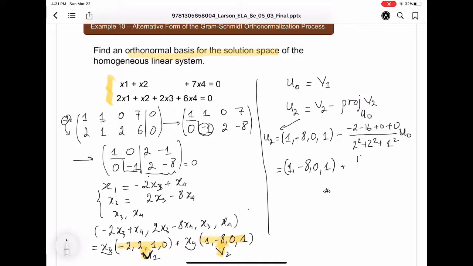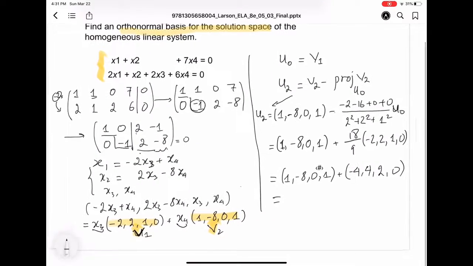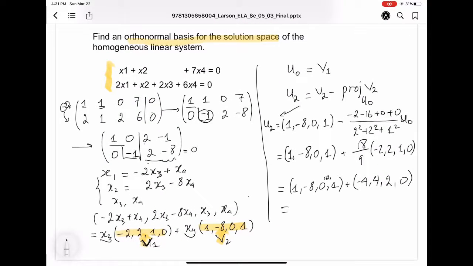So I have 18 divided by 9, that is 2, times (-2, 2, 1, 0). So I have (1, -8, 0, 1), and 2 times -2 is -4, 2 times 2 is 4, 2 times 1 is 2, this is 0. Then we just add them: 1 plus -4 is -3, -8 plus 4 is -4, 0 plus 2 is 2, 1 plus 0 is 1.